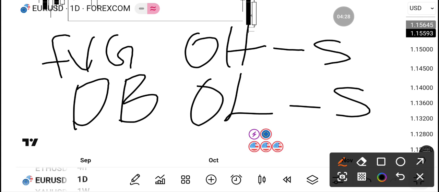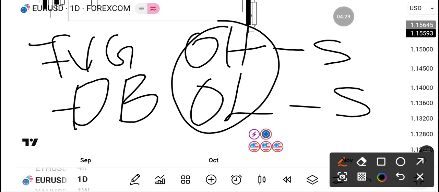So you see this 1, 2, 3. They are the most important thing. Those are areas where price will react from or are drawn to.